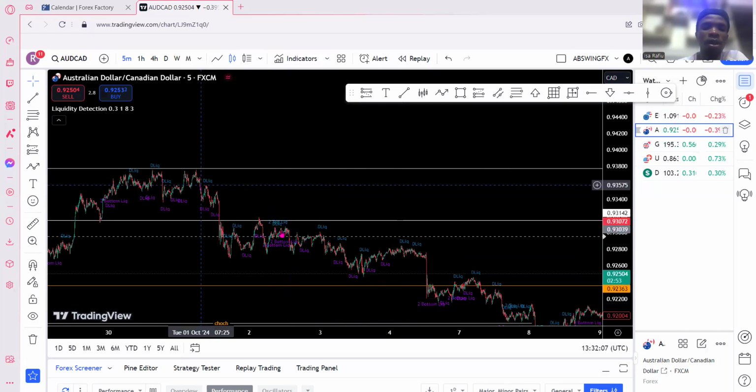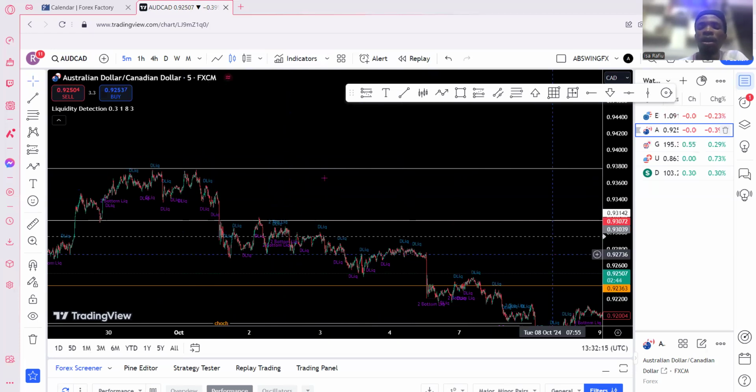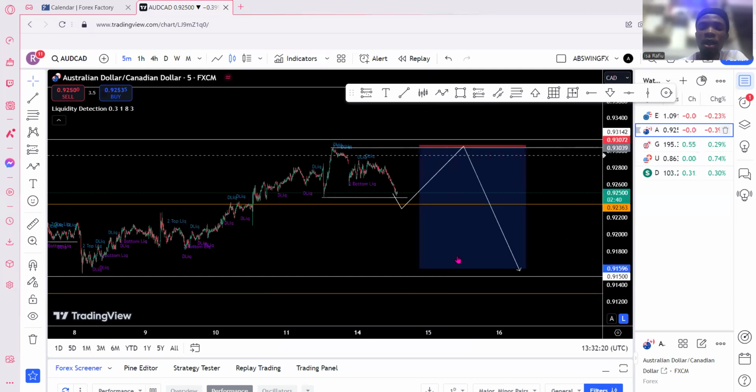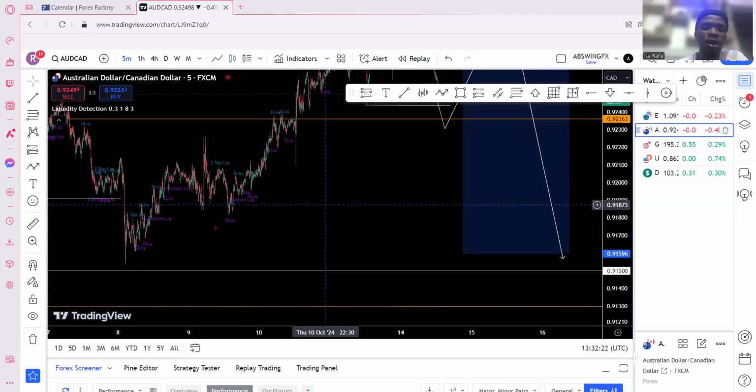The next liquidity is here. So all this liquidity here, the market has swept it. When you have one and this left, the rest have been swept. So the market needs to sweep all this liquidity as well.